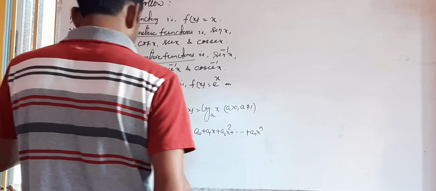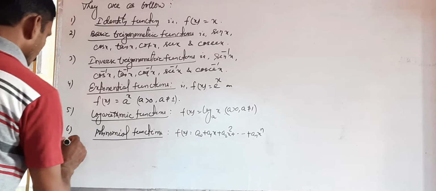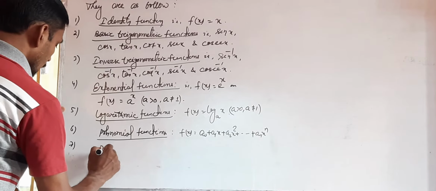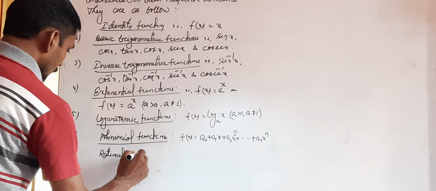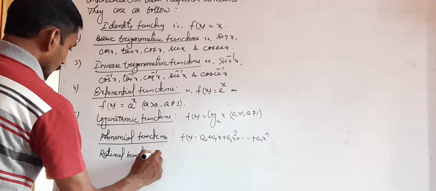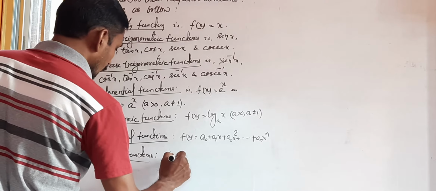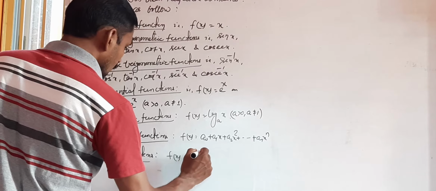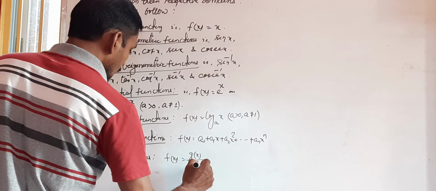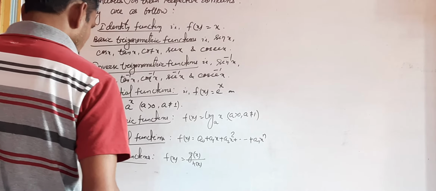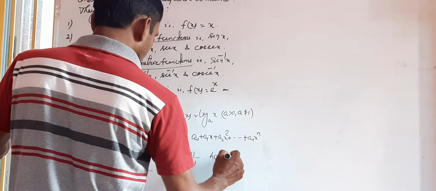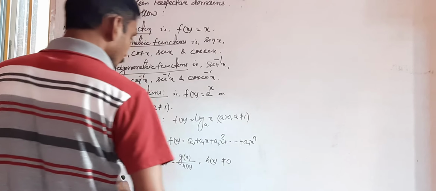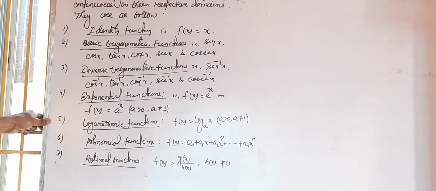Then a rational function is in the form f(x) equal to g(x) by h(x), so that h(x) should not be equal to 0.